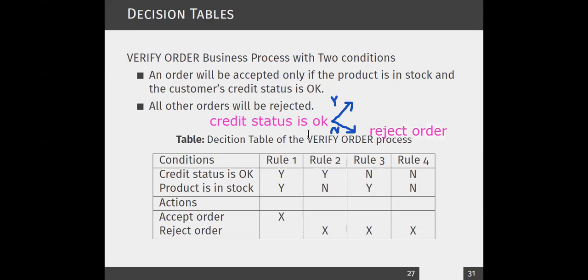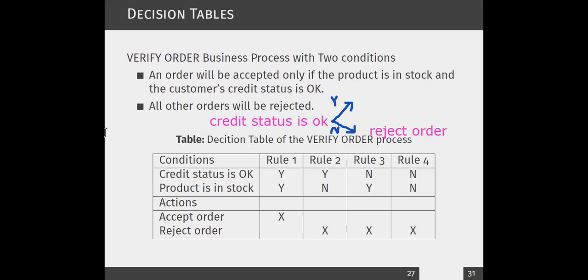Then credit status is okay, but then whether the product is in stock. So we can check it here, because if the credit is not okay, there's no point of checking whether the product is in stock. So there you can directly say reject the order.